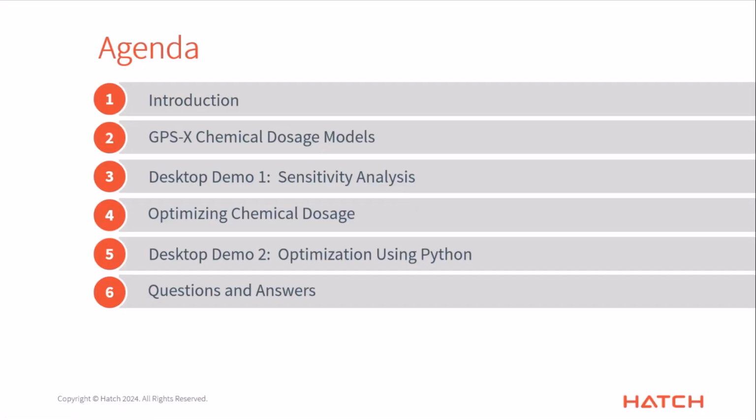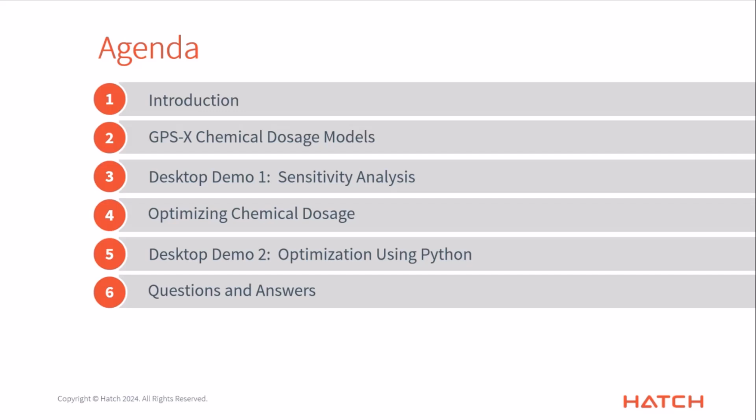I'm going to do a quick introduction and then get into a lot of details about the chemical dosage models. I'm just going to try to cover off all of the most applicable ones, the ones that I see people using most on a regular basis. I also have a short desktop demonstration where I'm going to be talking about how to use the sensitivity analyzer to be able to pick the most optimal dosage that you may have for a given situation.